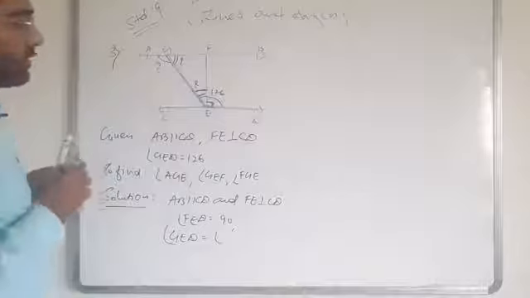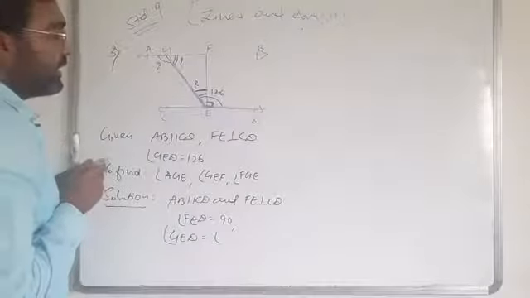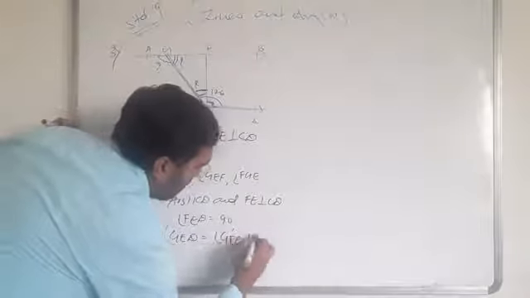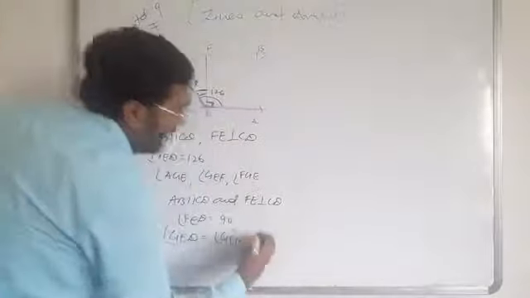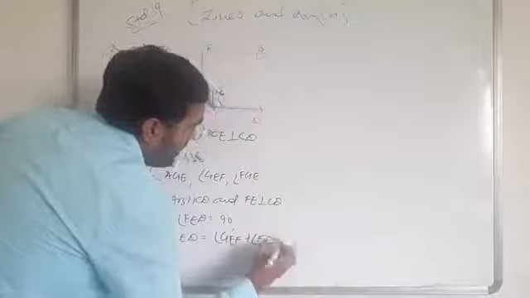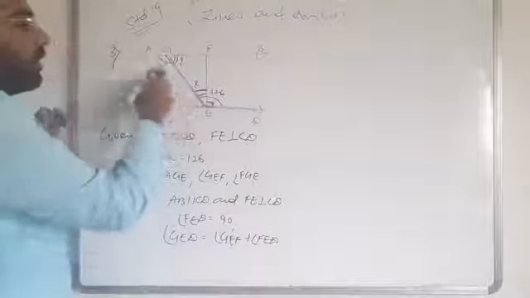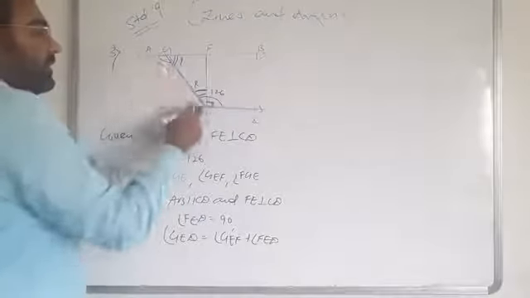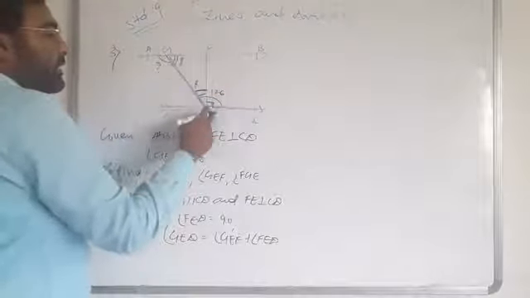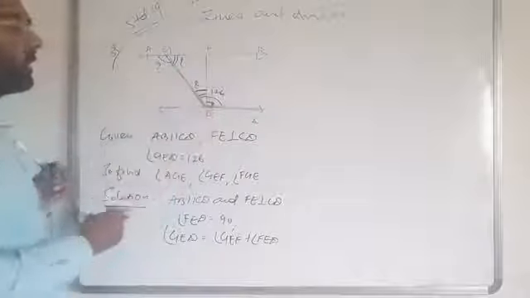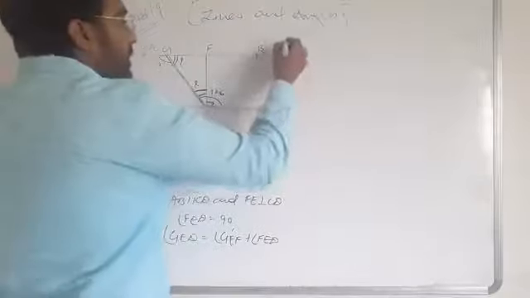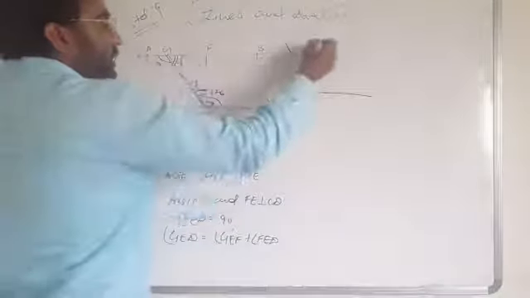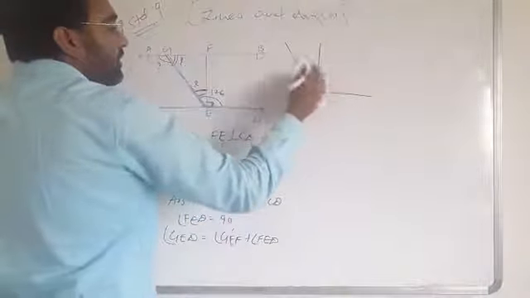So I'll write angle GEF plus angle FED. The whole angle GED is divided into two parts. The first is GEF, and the second is FED. If you want, I'll draw a separate figure for that, like this.